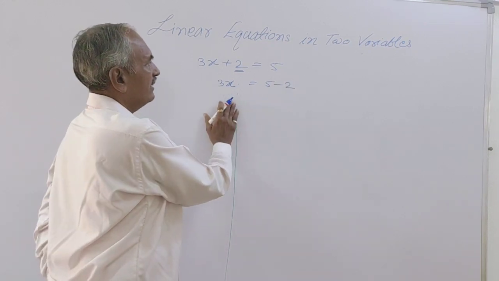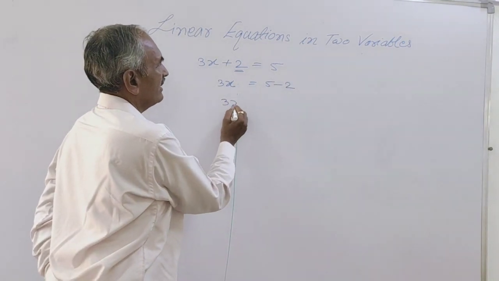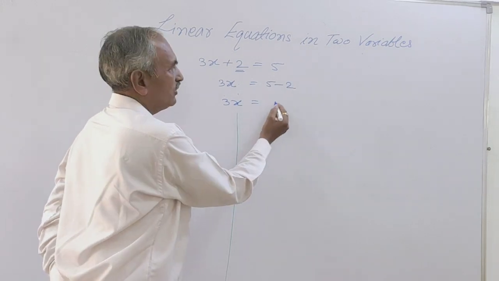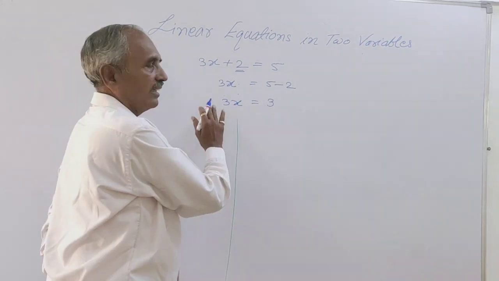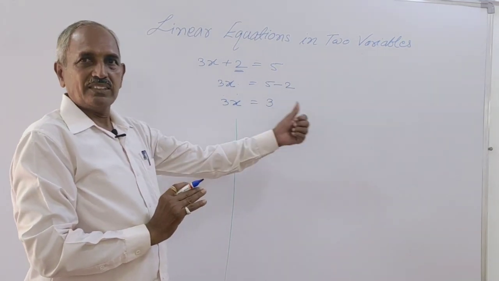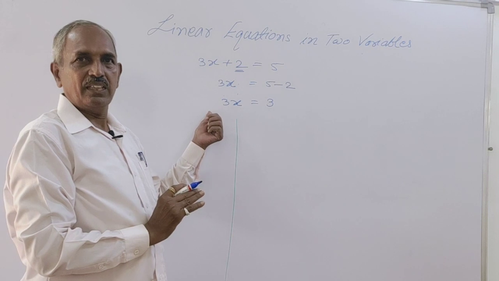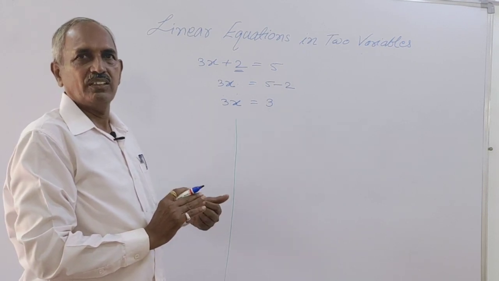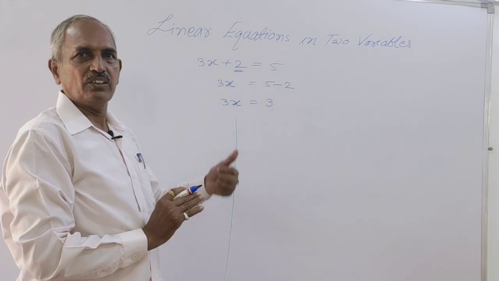Then the next step we write as 3x is equal to 5 minus 2 is 3. Now, I want to transfer this 3 to that side. This 3 is not a term, 3 is a factor of x, 3 is a coefficient of x.